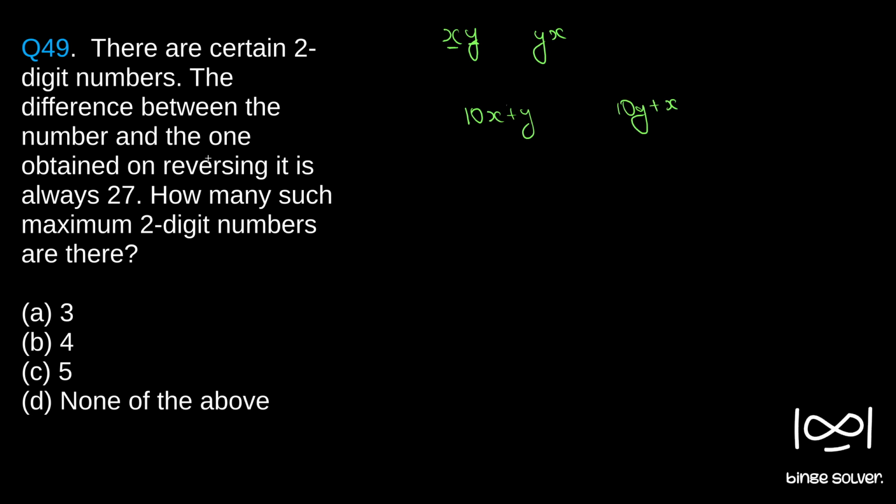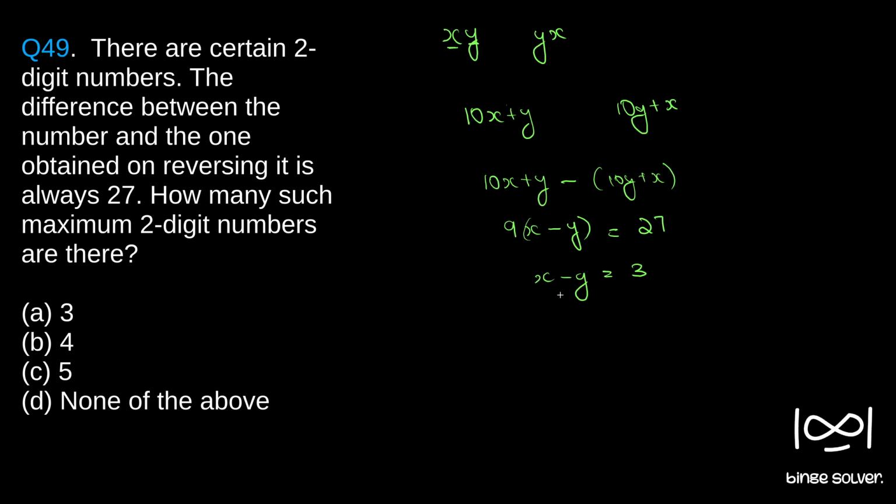It is given that the difference between the number and the one obtained on reversing it is always 27. So if you subtract, we get 10x plus y minus 10y plus x, or 9 into x minus y. 9 into x minus y is always 27, it is given, so x minus y is 3. 27 by 9 is 3.